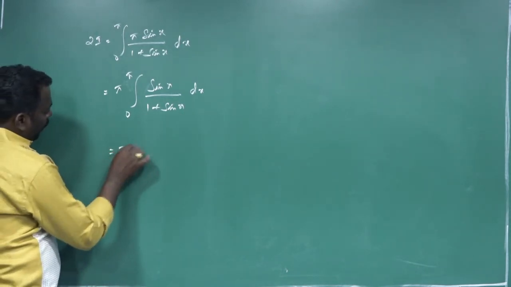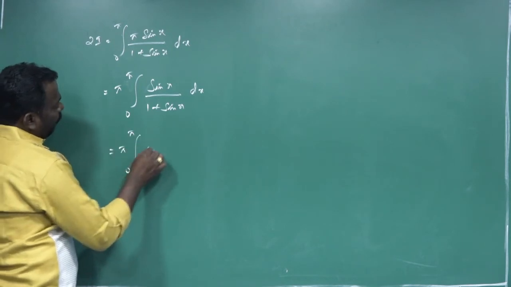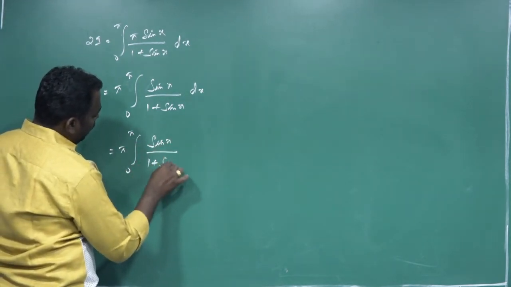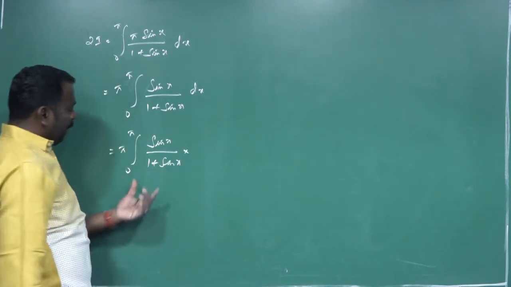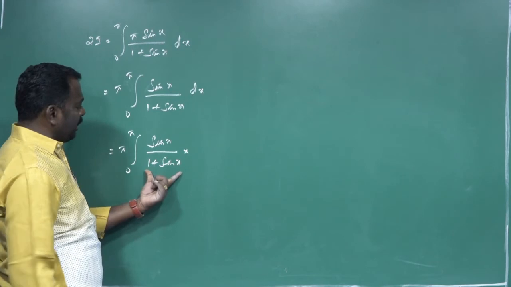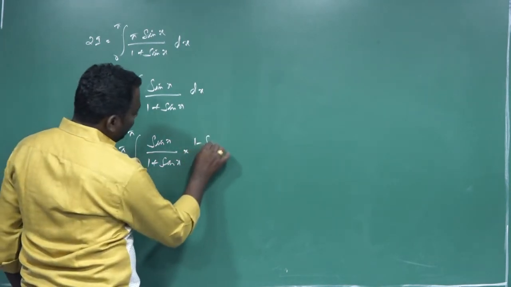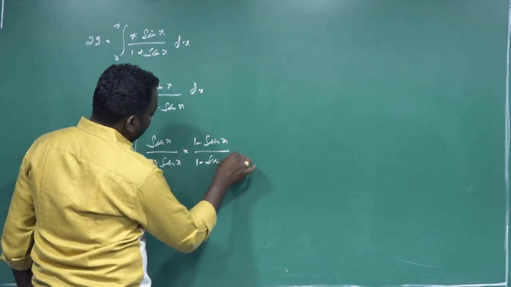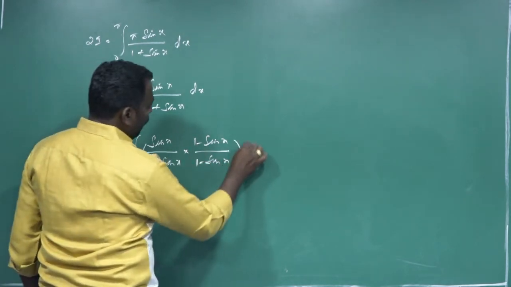That is equal to pi integral 0 to pi sin x by 1 plus sin x, and multiply by 1 minus sin x, the conjugate of the denominator, 1 minus sin x by 1 minus sin x into dx.